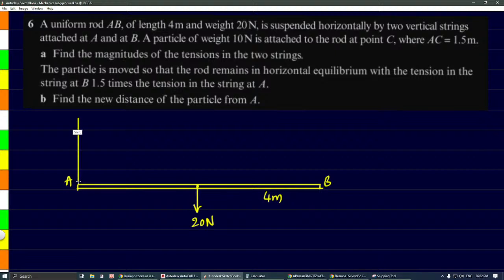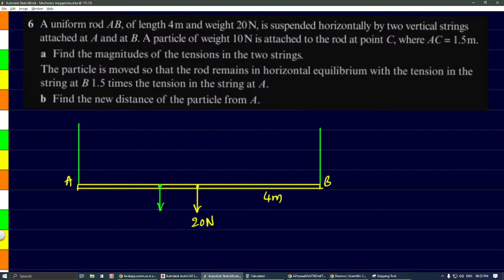So at A we have one string. Let's change the color. This is the string at A and B. A particle of weight 10 newtons is attached to the rod at point C such that AC is 1.5. AC is 1.5, meaning this total is 2 now. 1.5 means somewhere here.